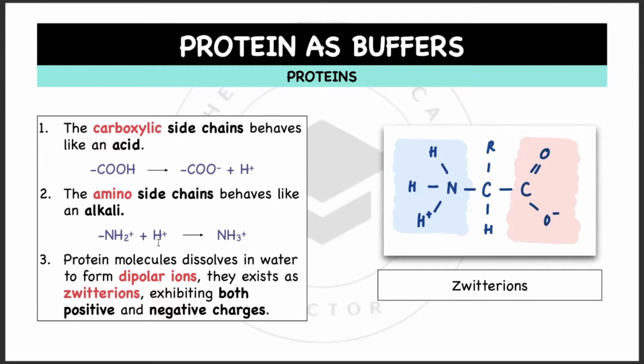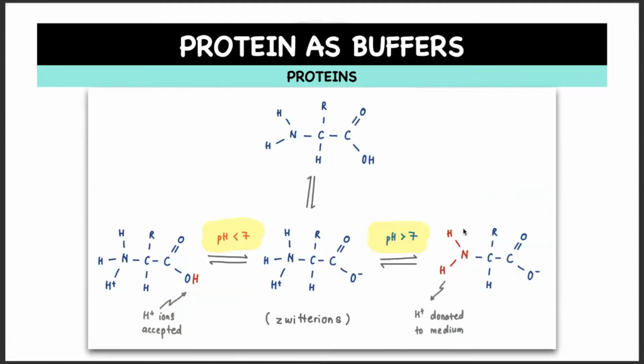Okay, so protein molecules dissolve in water to form dipolar ions. And dipolar ions meaning you have the positive side and you also have the negative side. And they exist as zwitterions, exhibiting both positive and negative charges. So this is how it looks like, okay? They have the positive and the negative charge in the same one itself. So that's a zwitterion. Okay, so this diagram is quite important.